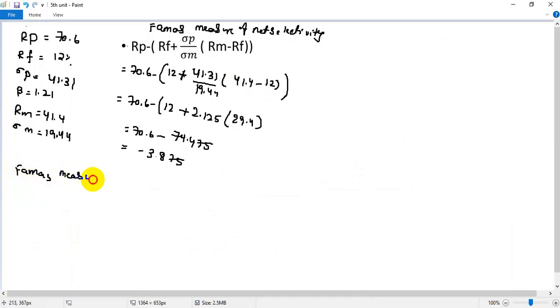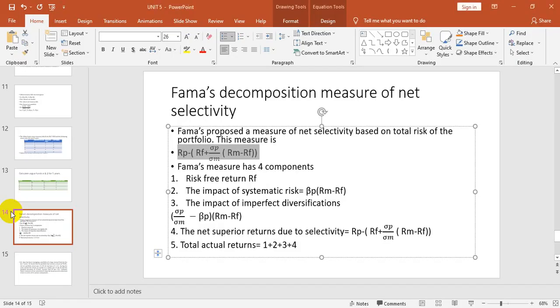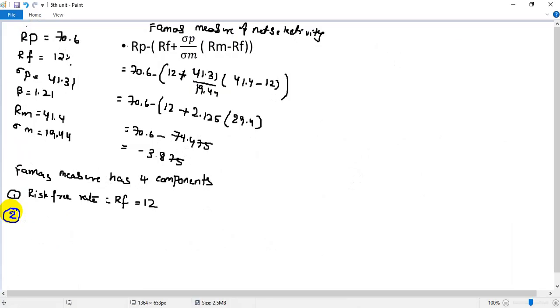First one is the risk-free rate. How much has it been given? Risk-free rate, RF, has been given as 12. The second component is the impact of systematic risk, beta P into RM minus RF. So you're going to take that also.